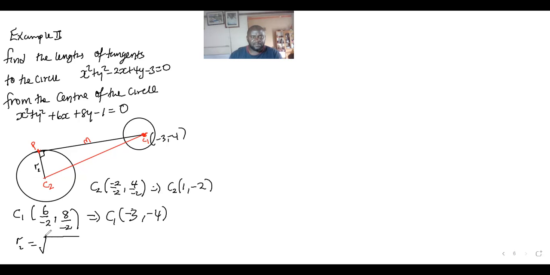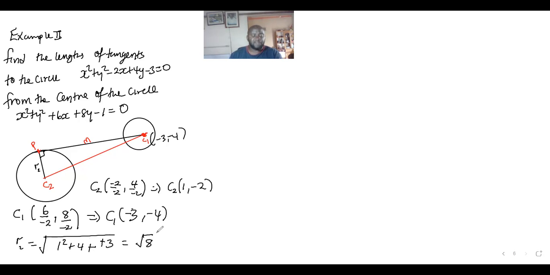So the radius of the second circle, which is the big circle, will be the square root of 1 squared plus 4 minus the C, which is -3. This will give us square root of 8.